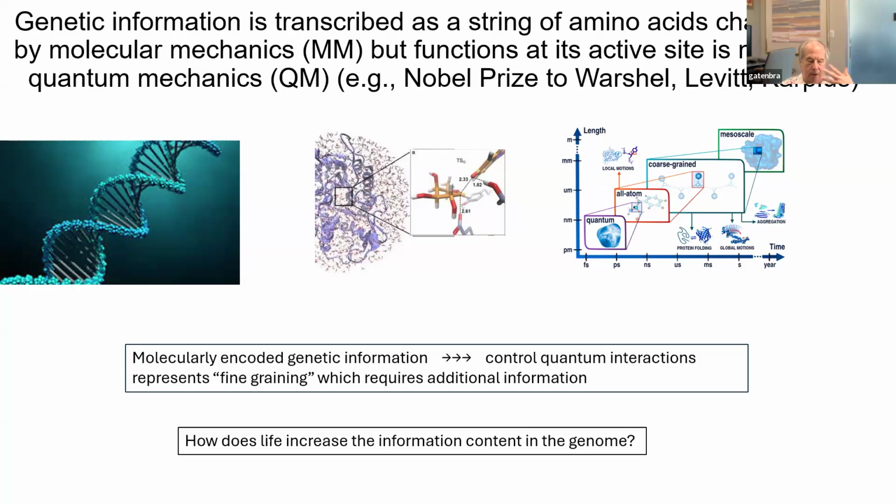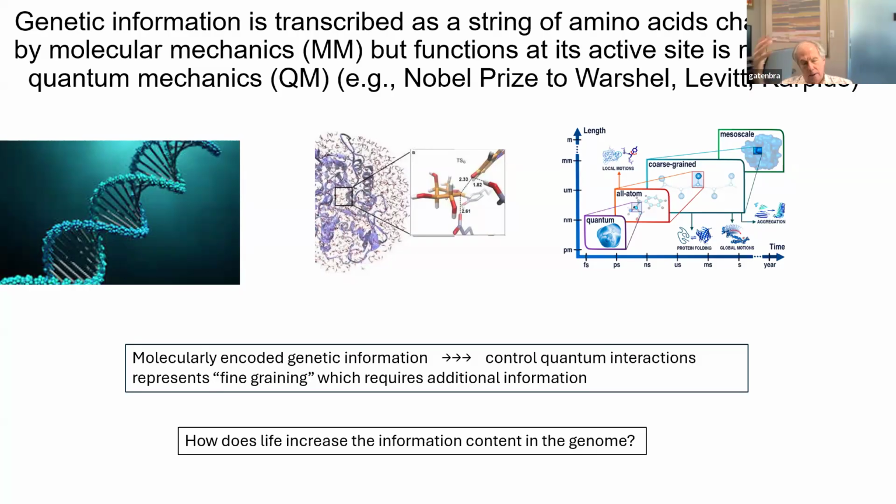From a broad point of view, this is a fine graining. In other words, molecularly encoded genetic information has to interact at a finer grain at a quantum level, so it's the opposite of coarse graining, which is used so commonly in science. The question is, how does life increase the information content in the genome to do this fine graining?